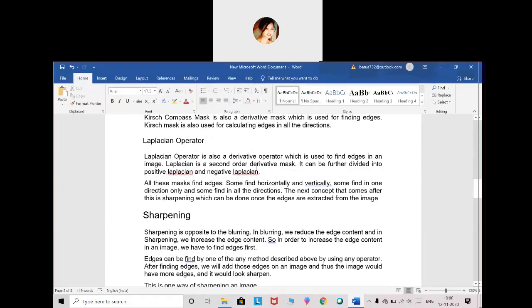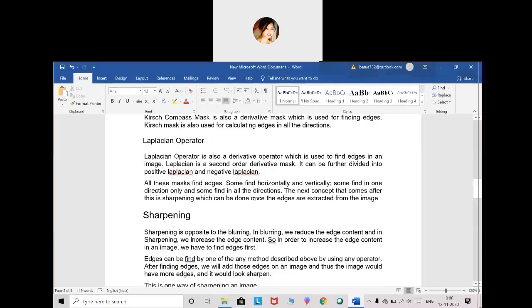I don't think I have discussed the Laplacian operator in the lab, so I'll discuss this again in the lab session. I can show you the equations and explain them, then you can understand it more clearly. All these masks are used to find the edges. Some find horizontally and vertically, some find in one direction only, and some find in all the directions.